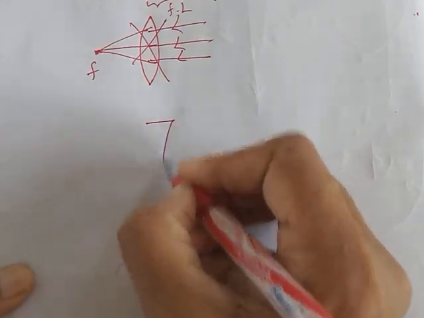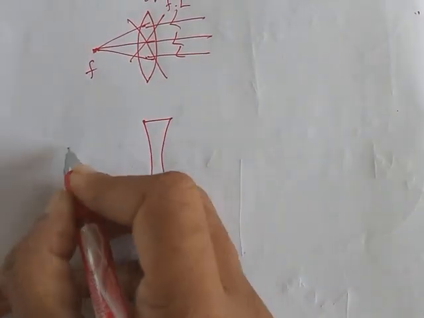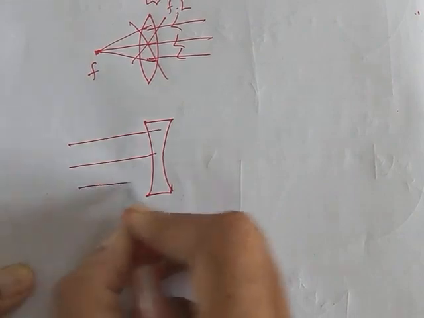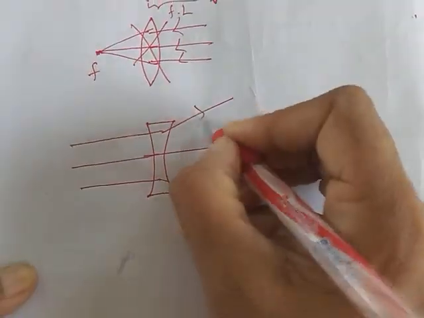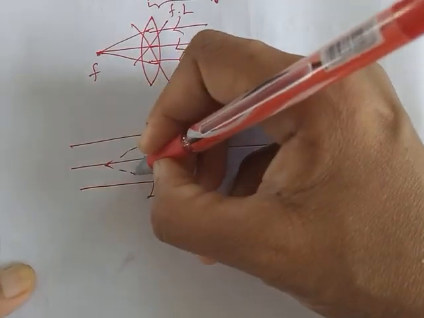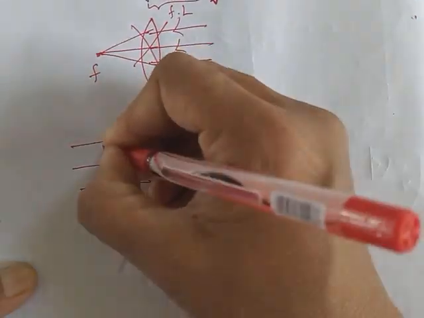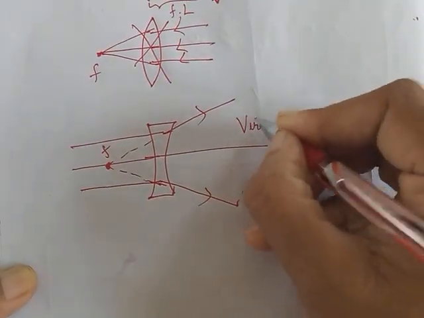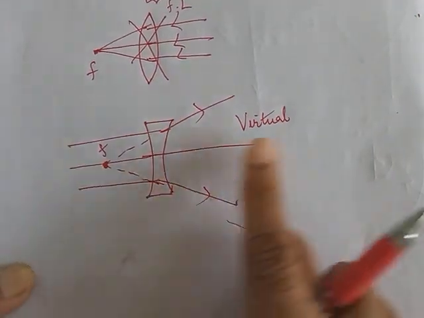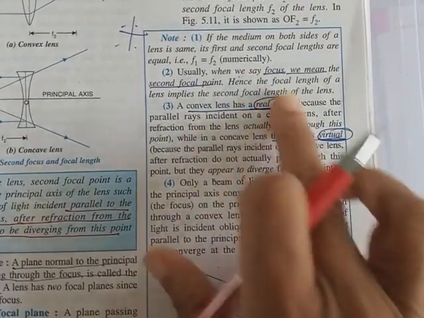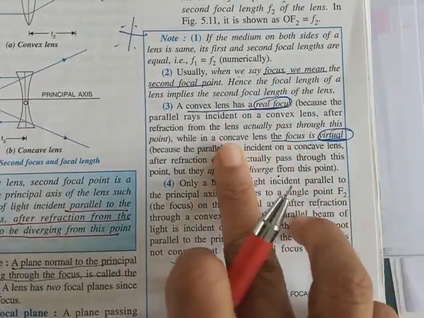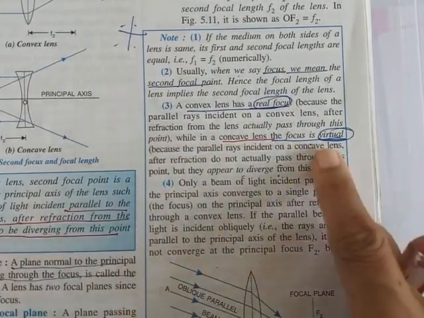On the other hand, for a concave lens, the rays are not going to meet because they are going to diverge, and when you extend them backward, they appear to come from a point behind. So this is called virtual focus. So a convex lens has a real focus and a concave lens has a virtual focus.